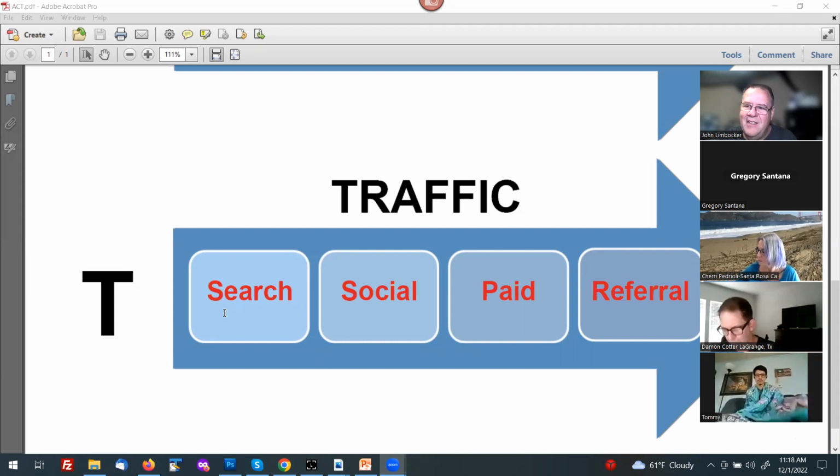If the person doesn't know to search for the solution, if they don't know to search for what you're offering, search is worthless. Search is a bad traffic point. But if somebody knows what they're looking for and they're actively seeking it, then search is probably the best place you could possibly be.